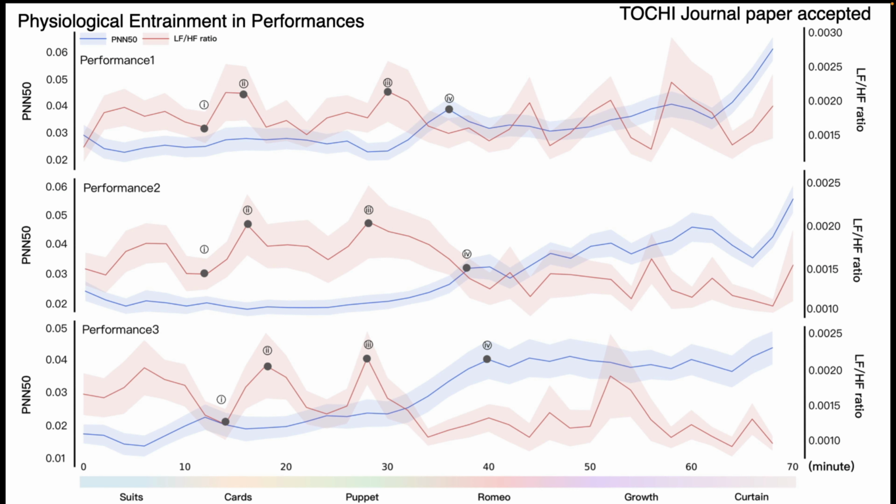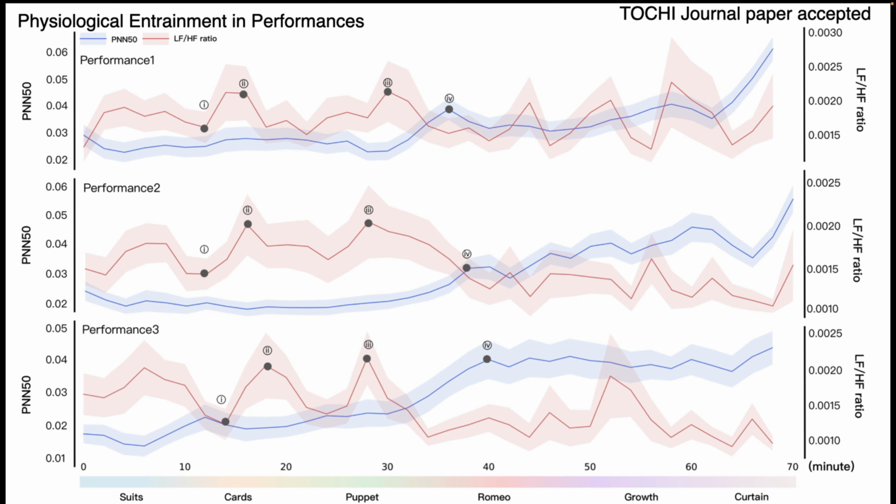Looking now at the three performances, what we can see is that at the beginning of all three performances, from 0 to about halfway through the time, the pNN50 is rather low. And this correlates very nicely with the choreography of the piece, because the dance performance is about finding your place in society, and at the beginning there's a struggle, there's something that wants to excite and stress the audience members a little bit.